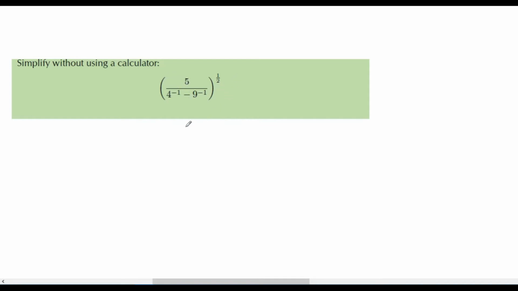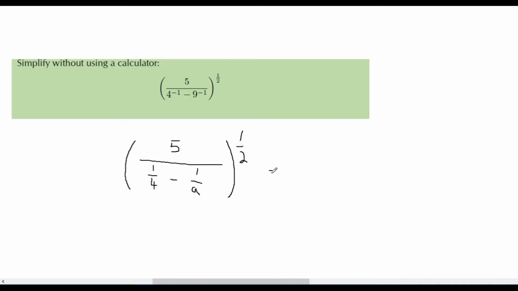So first thing we're going to do, we're going to convert these negative exponents. So we're going to be left with 5 stays unchanged, and 4 to the minus 1 is just 1 over 4, minus 9 to the minus 1 is just 1 over 9, all to the power of a half.